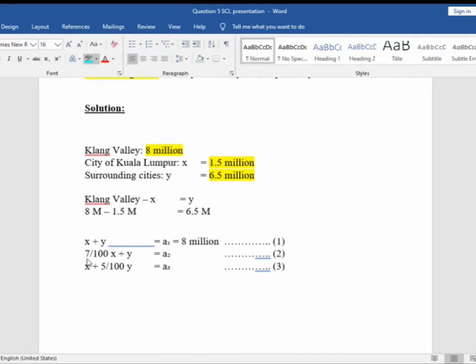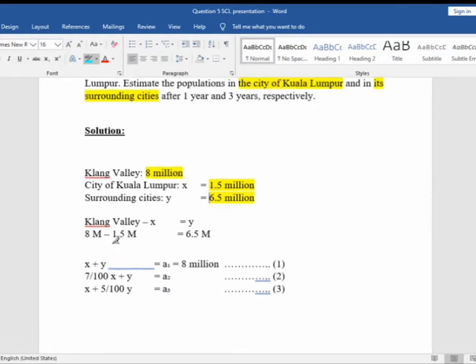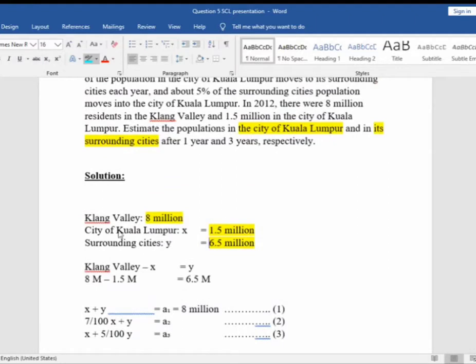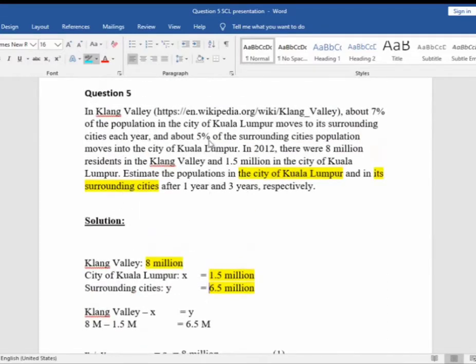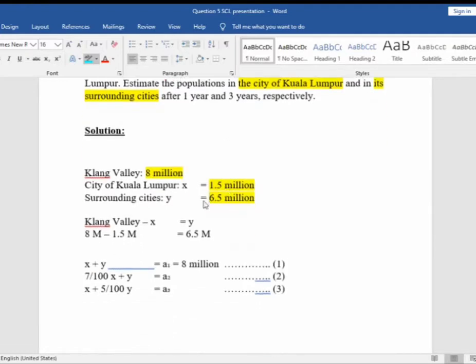So here we can see 7% multiplied by X, where X is represented by Kuala Lumpur, plus Y, the surrounding cities. While the next information is 5%, so 5% multiplied by Y, the surrounding cities, plus X, the city of Kuala Lumpur.